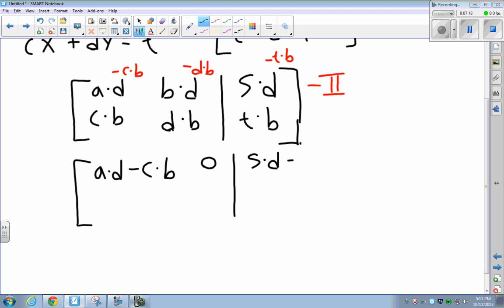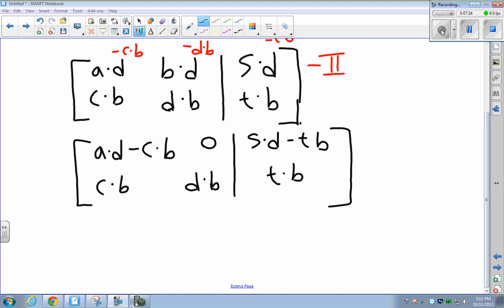S times d minus t times b. Okay, and we'll finish our matrix. All right, so now this element of the matrix should look familiar to you guys. Now, let's rewrite this into a system of equations.